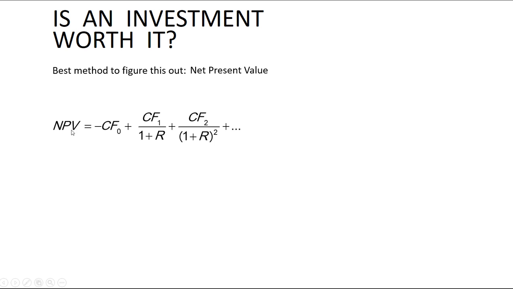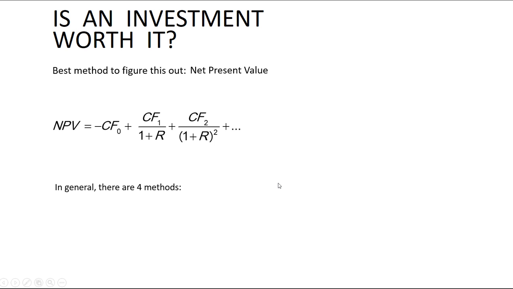To find the NPV for a project, we take the initial investment, which is a negative cash flow 0, negative, and then we add cash flow in year 1 divided by 1 plus R. Then we add cash flow in year 2 divided by 1 plus R squared, and then we keep adding all other future cash flows divided by the same parenthesis term 1 plus R raised to the power that matches the year of those additional cash flows.